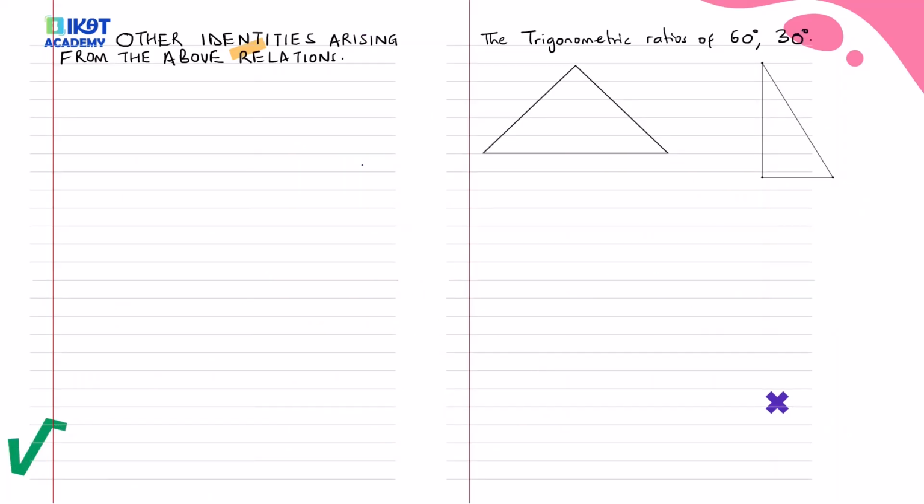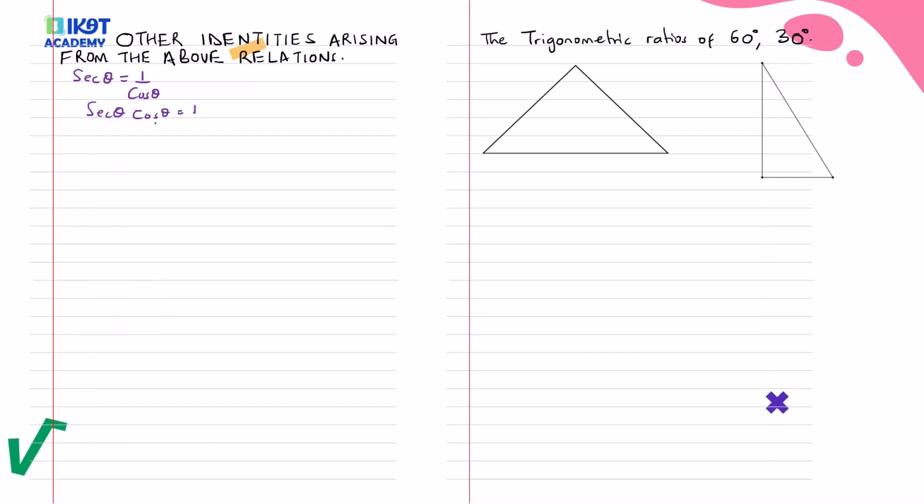Okay, now here we want to look at other identities arising from what we saw. So we saw sec theta is equal to 1 out of cos theta. So we can cross multiply, so we have sec theta times cos theta is 1.